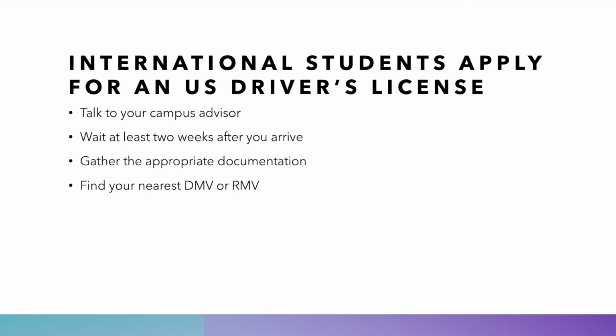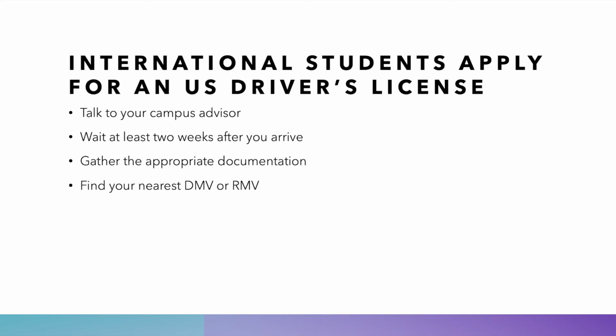As one of the international students myself, I understand how convenient it is to have a car that you can drive around to places in the U.S. And I would like to tell you guys about how you apply for a U.S. driver's license as an international student. First of all, you need to talk to your campus advisor.